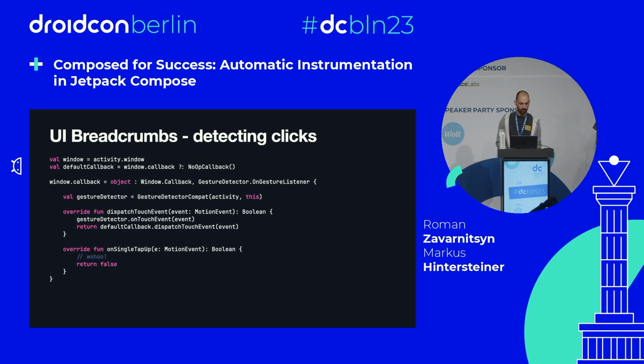Here we call it the default callback. And for every overridden method, we feed it back into the existing callback. So it's really keeping the chain of callbacks intact, being a good API citizen, I would say, and making sure we don't break any existing functionality.